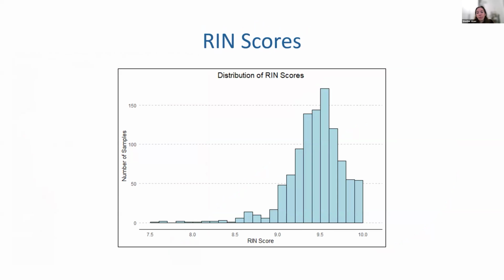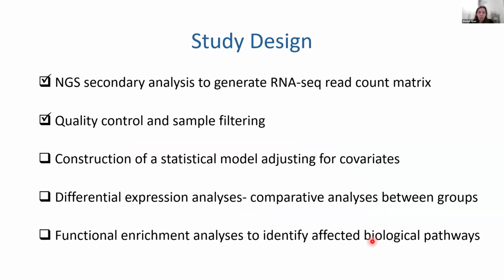This indicates that the monocyte RNA was well preserved and not significantly degraded prior to sequencing. Having this high-quality starting material combined with our QC filtering pipeline ensures that the differences we will observe later are due to biological variation rather than technical artifacts or RNA degradation.